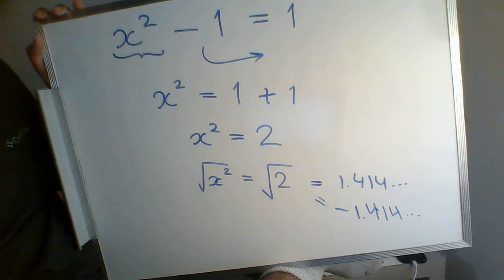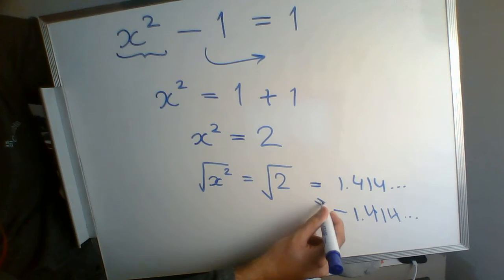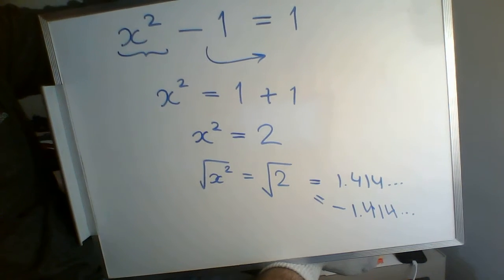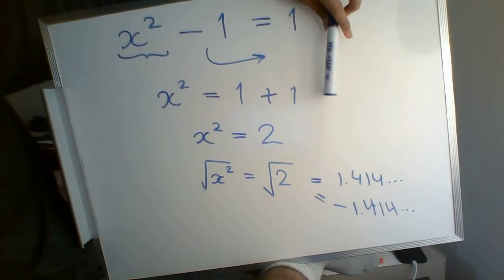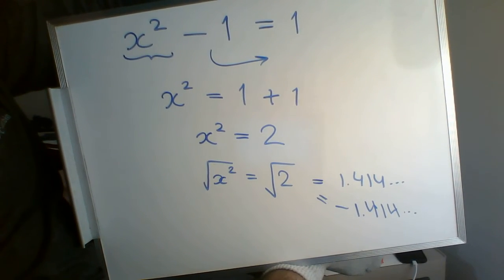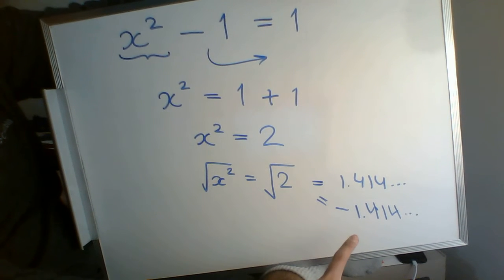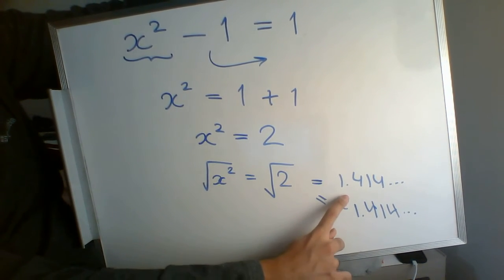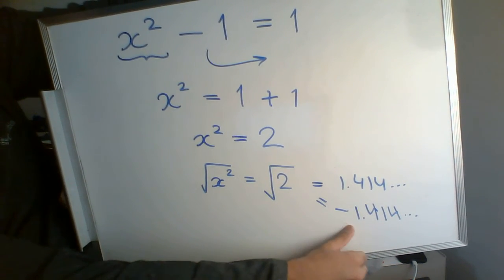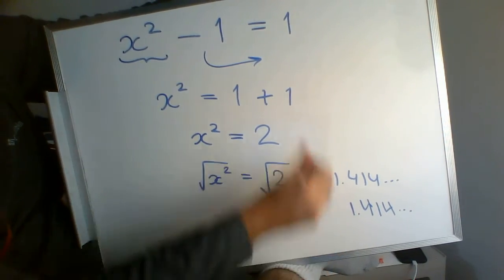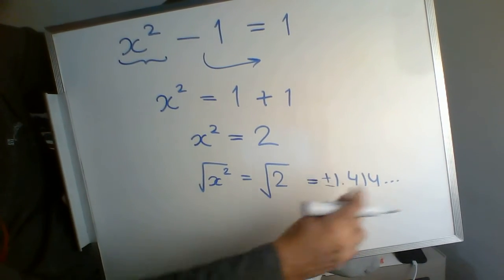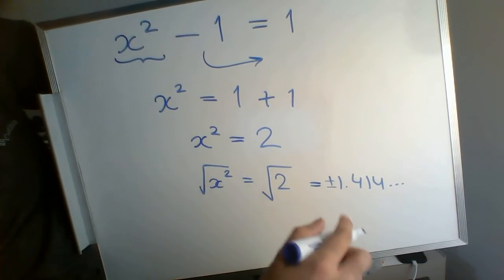So it's the same rule that we were talking about with square roots before, that like the square root of 9 could be 3, or it could be negative 3. The square root of 16 could be 4, or it could be negative 4. Here, the square root of 2 is going to be some irrational number, some never-ending decimal, or the exact same number but with a negative sign in front of it. Now, we don't want to write out this weird number, especially if it never ends, and then have to write it a second time with a minus sign, or even write it as plus or minus of that 1.414 and so on.